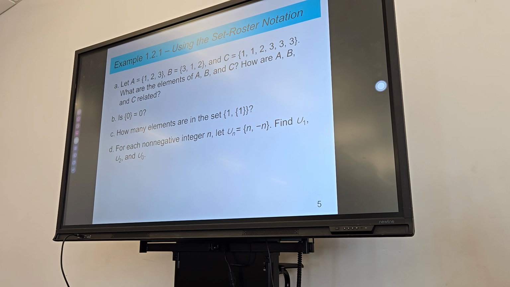Now, how many elements are in the set 1, comma, internal set 1? How many elements are in the outer set? Two elements. The first element is the number 1.